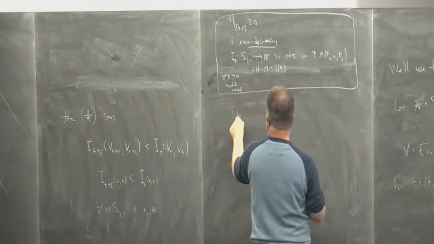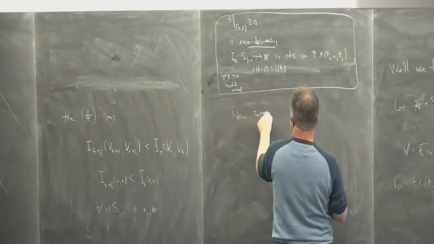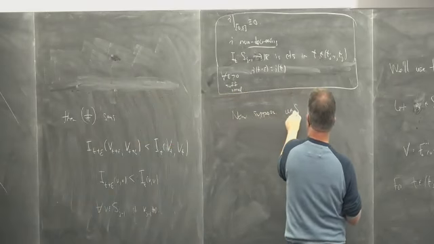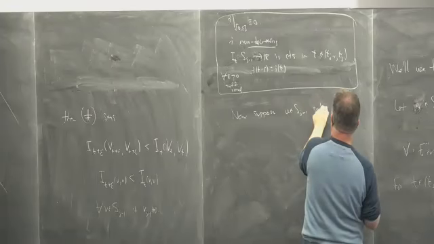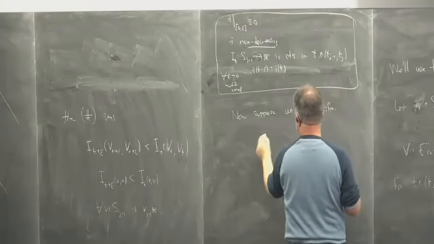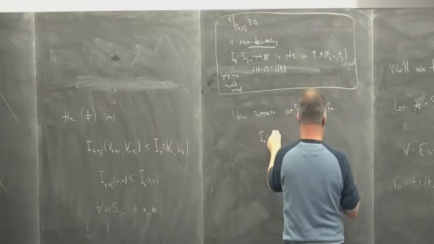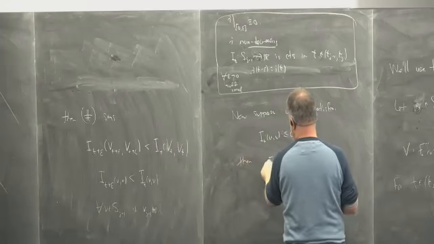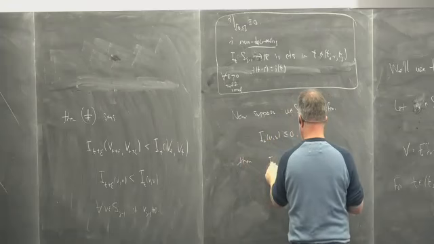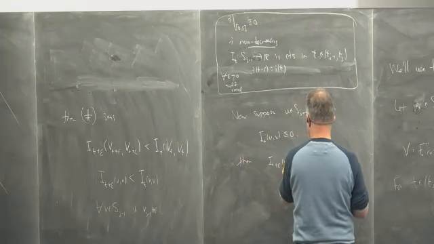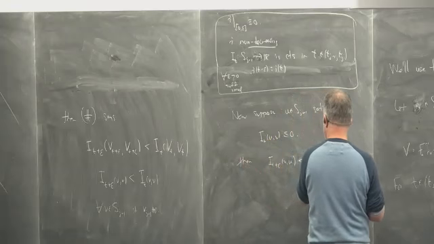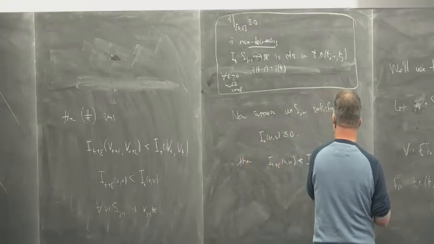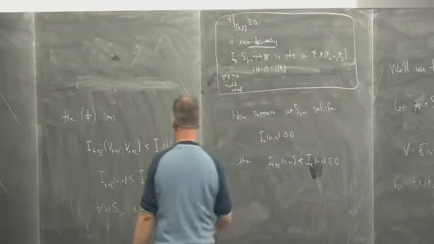So now, suppose that u in S_{j-1} satisfies I_t(u,u) less than or equal to 0. Then we get that I_{t+ε}(u,u) is less than I_t(u,u), which is less than or equal to 0.